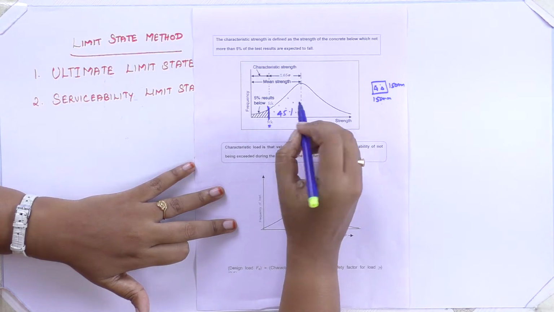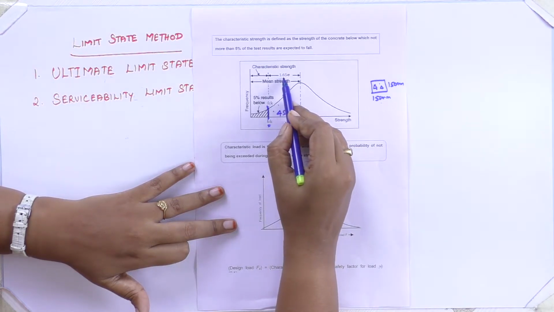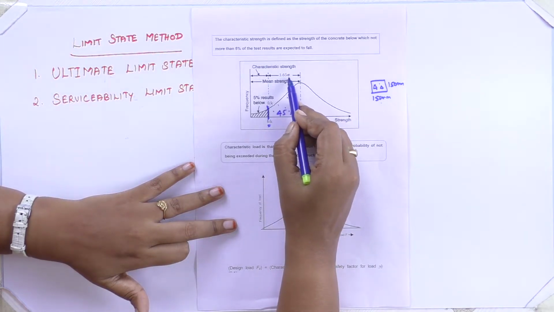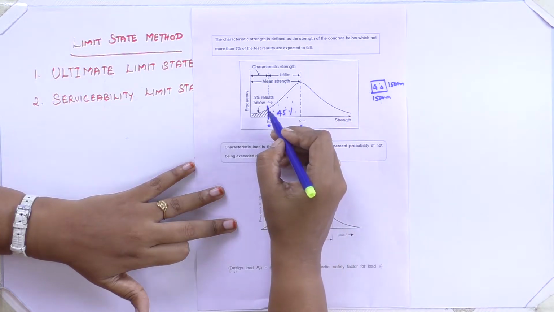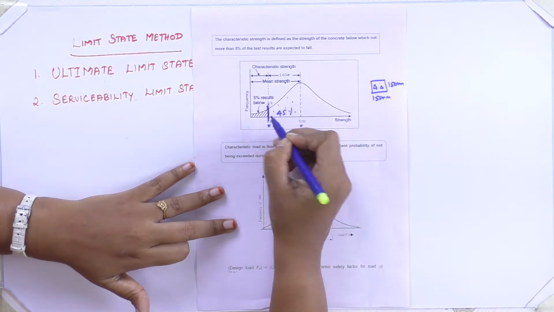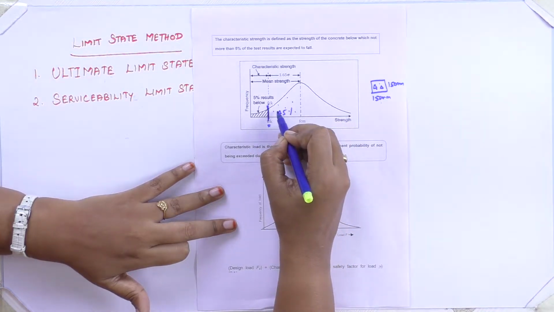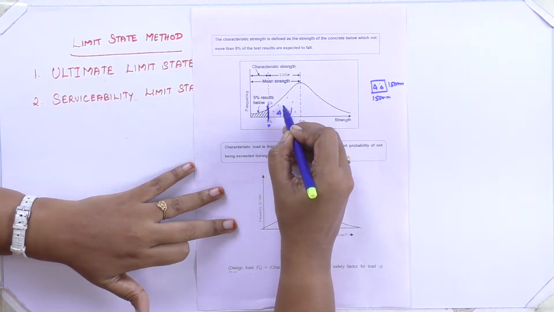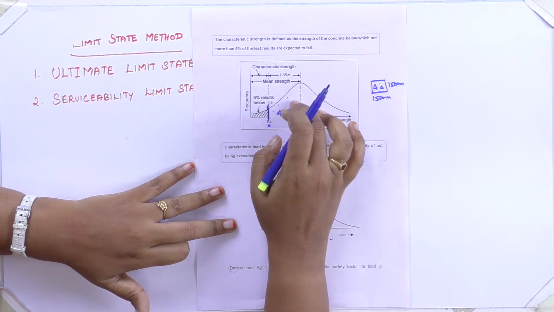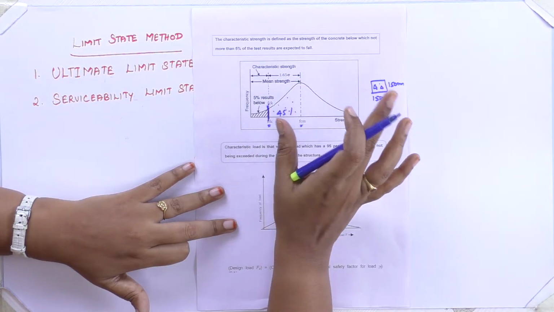To ensure 95%, we have a constant of 1.65 multiplied by your standard deviation. So this is your characteristic strength of concrete, after which the curve should not go drastically down. This is the characteristic strength of the material.